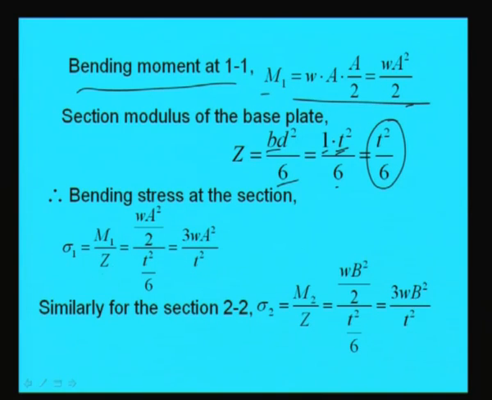So, bending stress will develop, sigma 1 is equal to M1 by Z, M1 is W a square by 2 and Z is T square by 6. So, this will become 3W a square by T square, right. So, bending stress at the section, sigma 1, will become 3W a square by T square.